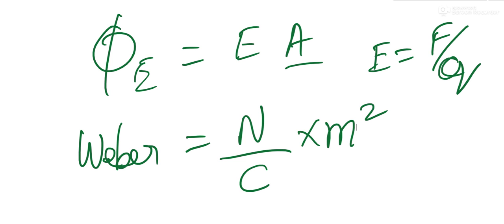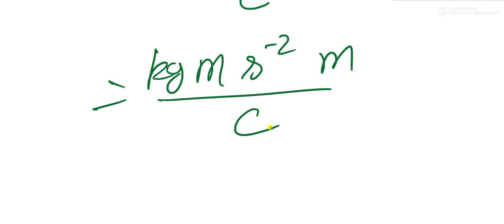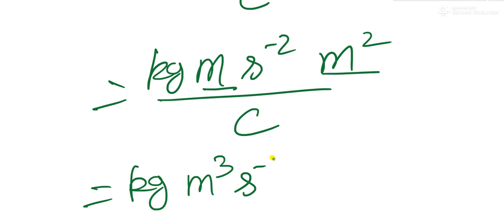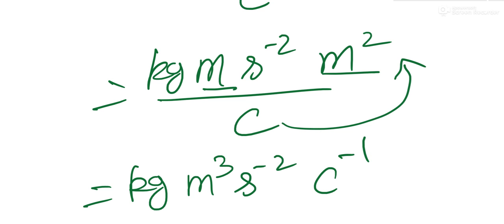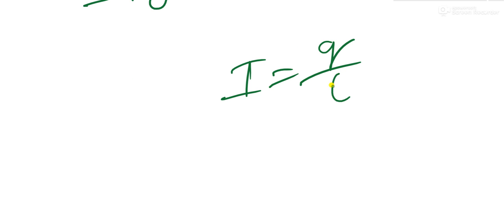Very simple. Now the final SI unit. Newton we know is kg meter second minus 2, into meter divided by coulombs, meter square because of area. Meter square into meter will give meter cube. So the next step: kg meter cube second minus 2, and coulombs from the denominator we take to the numerator as coulombs inverse. Current is equal to charge by time, so charge is equal to current into time.